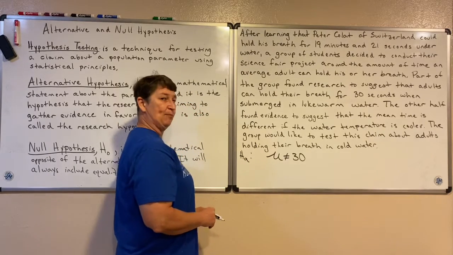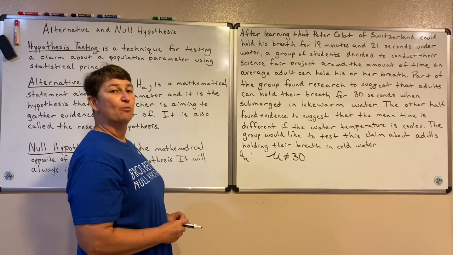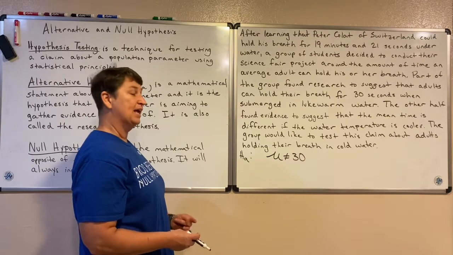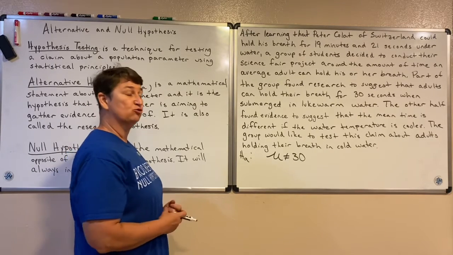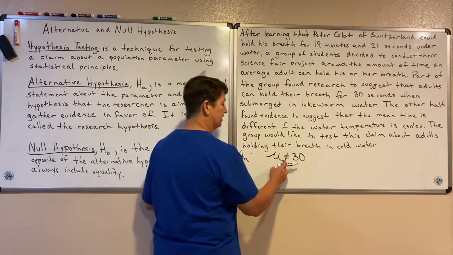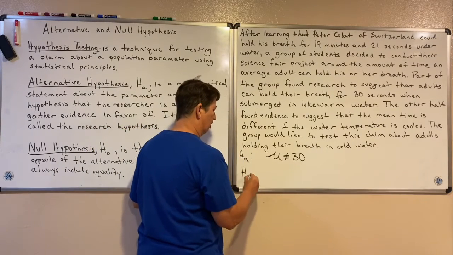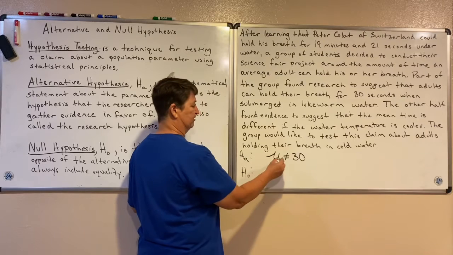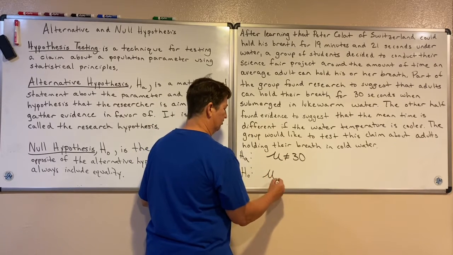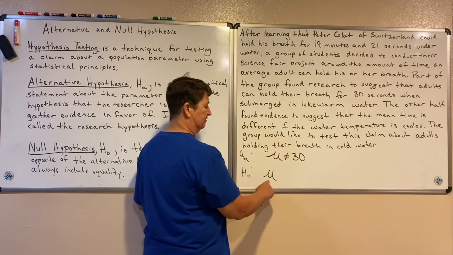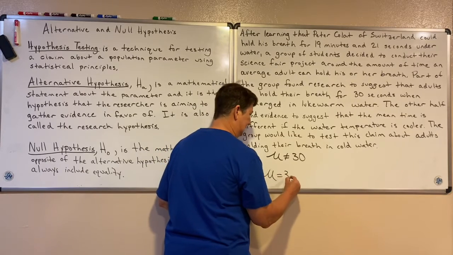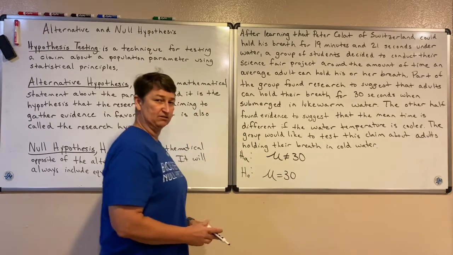Then the null hypothesis is the mathematical opposite of that. And it always includes the equality. So in this case, if my alternative hypothesis is not equal to, then the null hypothesis is that my mean is actually equal to that 30 seconds.